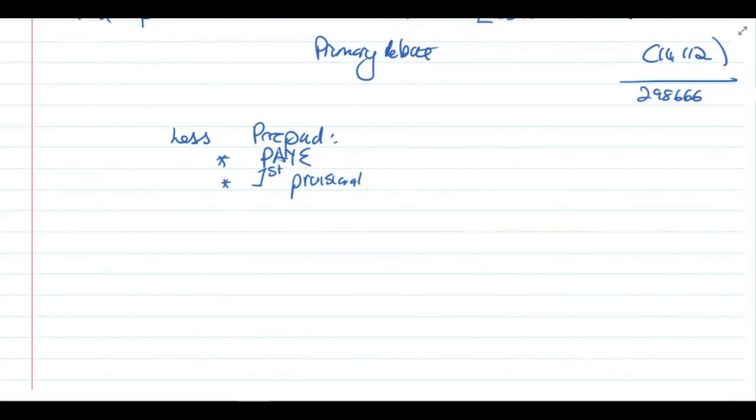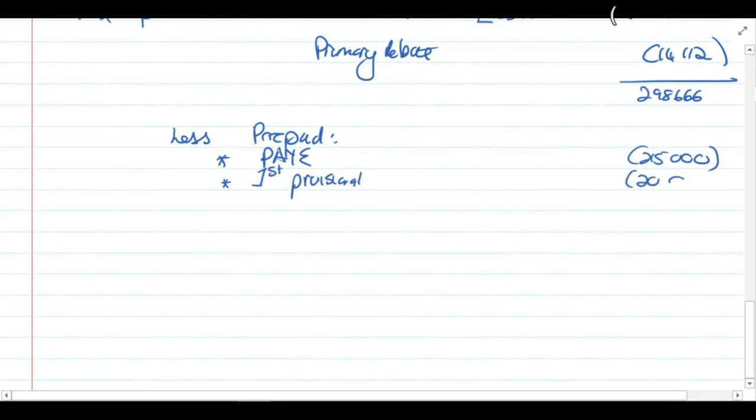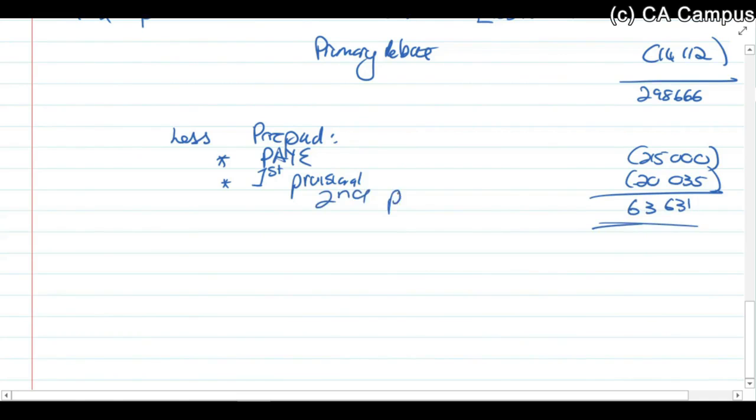And 63,631, so this is the second provisional based on the minimum.